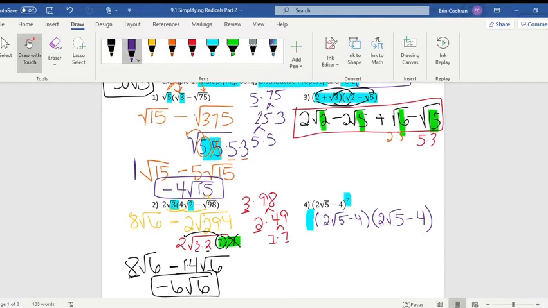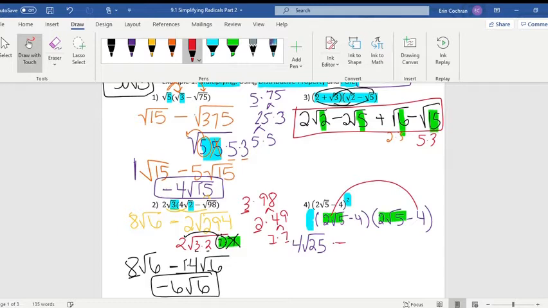So now we're going to multiply our first terms, which is 2 radical 5 and 2 radical 5. So the outside numbers, 2 times 2 is 4. Radical 5 times radical 5 is radical 25. Okay. Now we're going to take that 2 radical 5 times this negative 4. So it's going to be a negative.